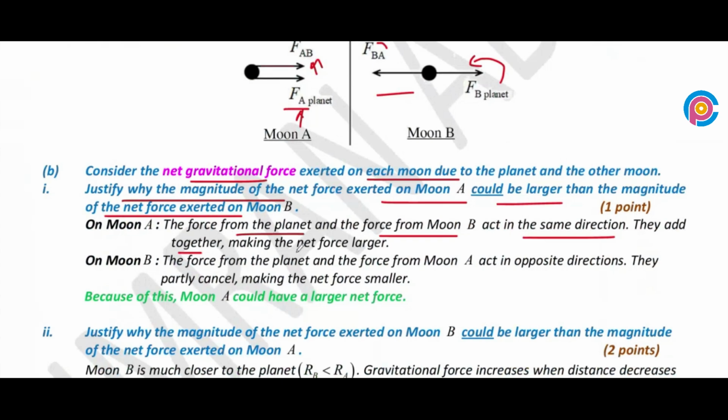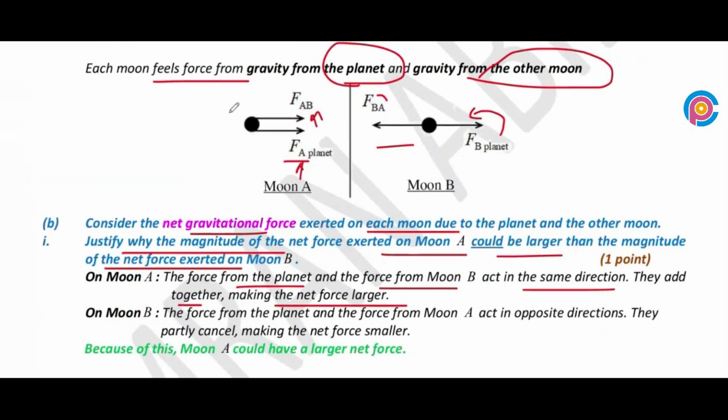They add together, making the net force larger. You can see both forces are in the same direction. For moon B, the forces from the planet and the moon act in opposite directions. They partially cancel, making the net force smaller. So that's why, in comparison, moon A has a larger force than moon B.